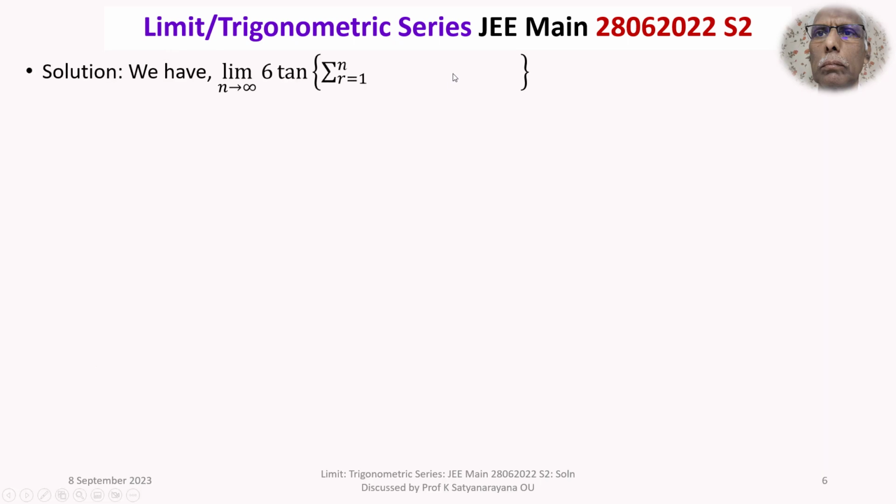We now discuss the solution of the problem in detail. We are given limit n tends to infinity 6 times tan of (sigma r equals 1 to n tan inverse of 1 by r square plus 3r plus 3). We will write it as sigma r equals 1 to n of tr, where tr is tan inverse of 1 by r square plus 3r plus 3.